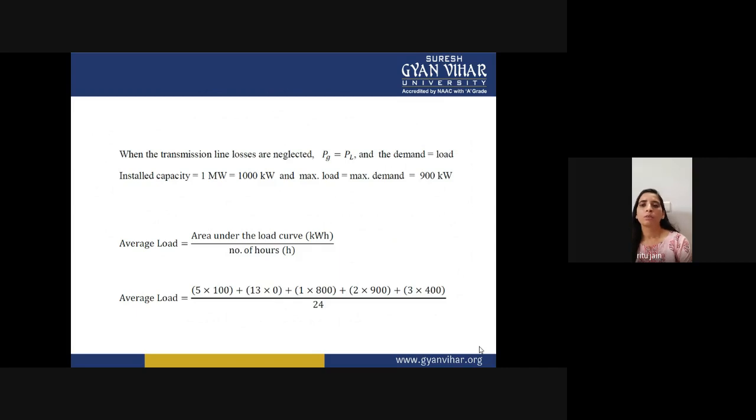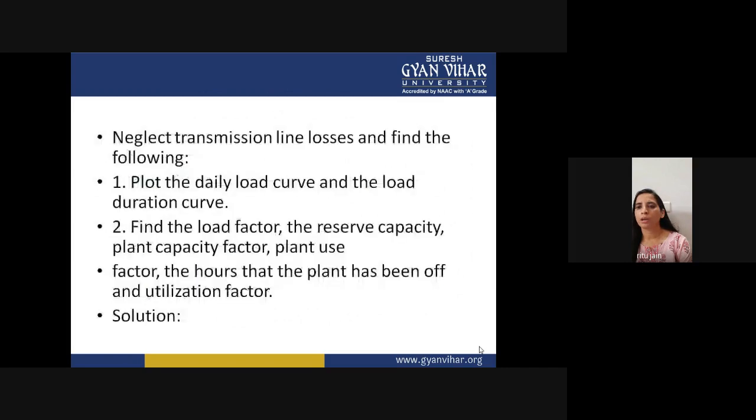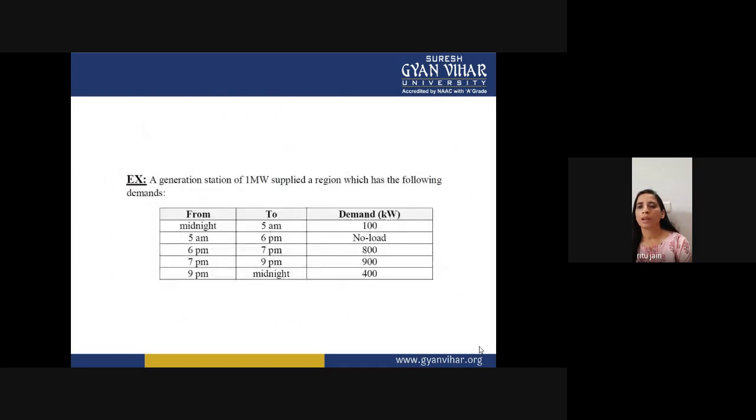So the installed capacity is 1 megawatt, like 1000 kilowatt, which is already given, that the generating station is 1 megawatt. So 1 megawatt is the installed capacity of the power plant. It can generate 1 megawatt of power. So the power generation of this power plant is 1 megawatt.